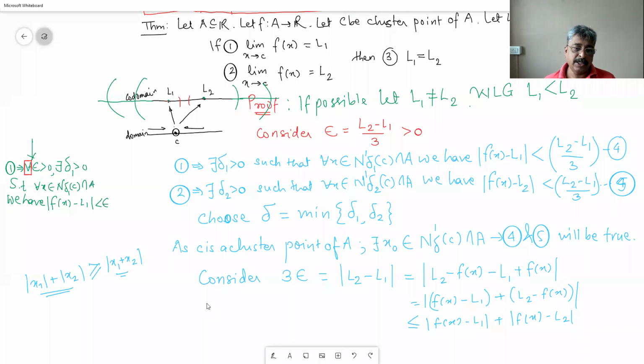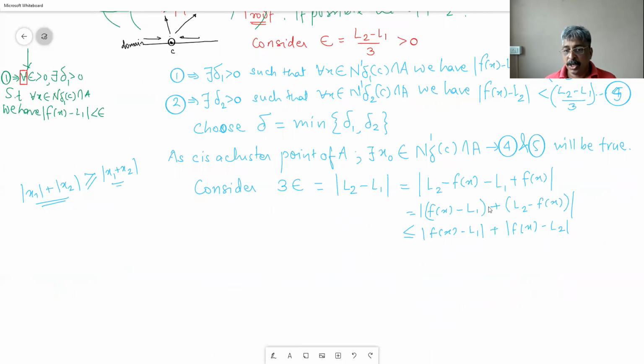See whether you understand each and every step of this proof or not. Now here I am using the triangle inequality.